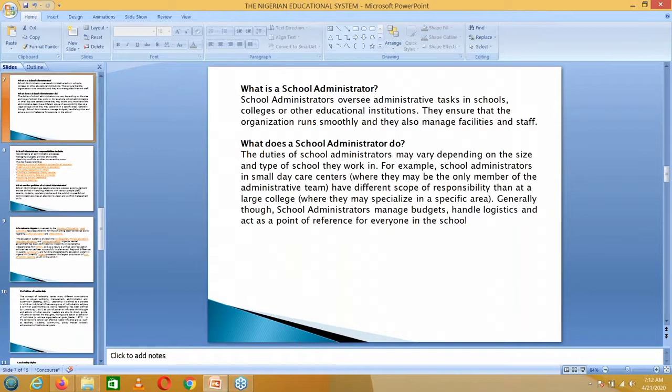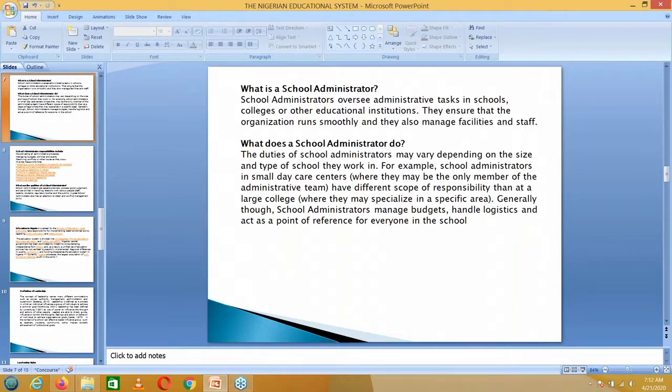They are not only managing the process of teaching, they're also managing the facilities, the staff and the employees within the school. A school administrator oversees the administrative tasks in schools, colleges, or other educational systems.